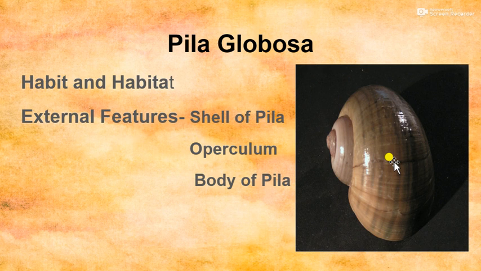The animal creeps very slowly by its ventral muscular foot, covering about 5 centimeters per minute. The movement of the animal is like the gliding movement of planaria. During the rainy season, Pila comes out of the pond and makes long terrestrial tours, thus respiring air directly.